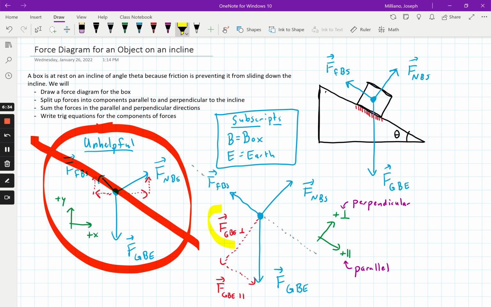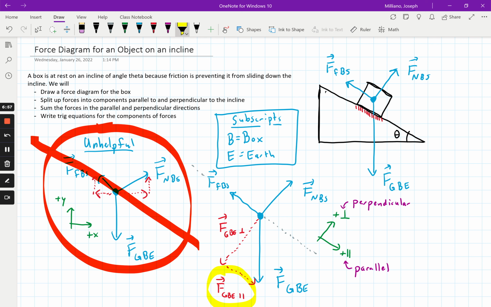Now, let's think about what these 2 components are doing. The component of gravity that's perpendicular to the ramp is the part of gravity that's pulling the box directly into the surface. So that's the part that's squishing and crunching the surface that's there. And then the parallel component of gravity is the part of gravity that is actually trying to pull the box along the incline, down that incline.